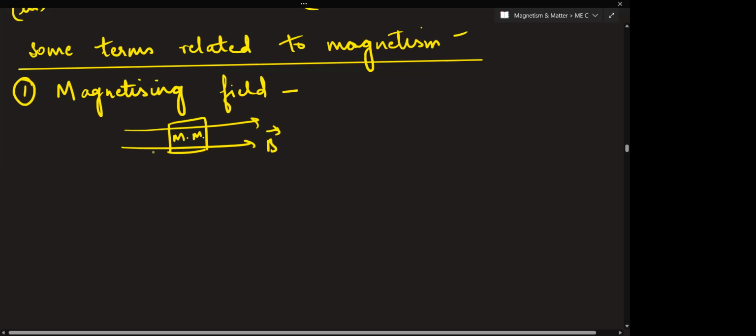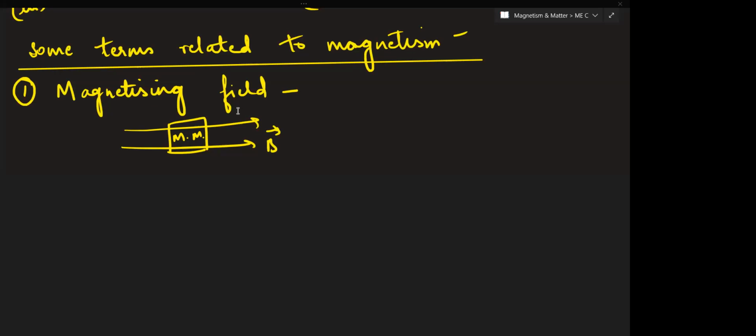Magnetic material means the material that has a tendency to get magnetized. For example, the example I gave you in the last class regarding the iron ball, with a bar magnet. If you take a magnet and rub the iron ball, you'll see the iron ball will get magnetized. That is because of the presence of the magnetizing field.